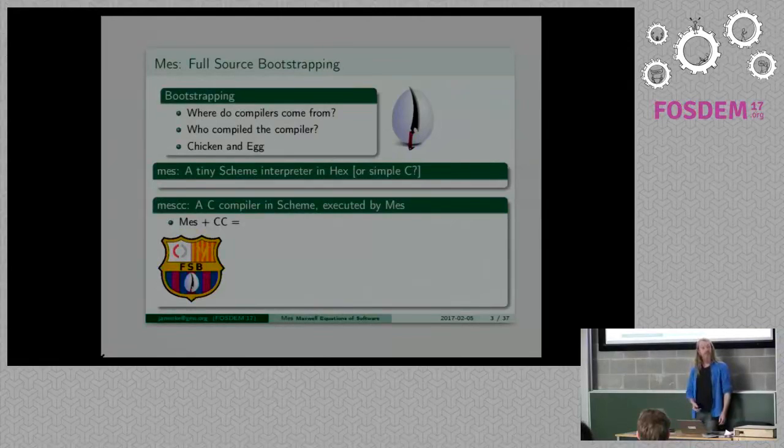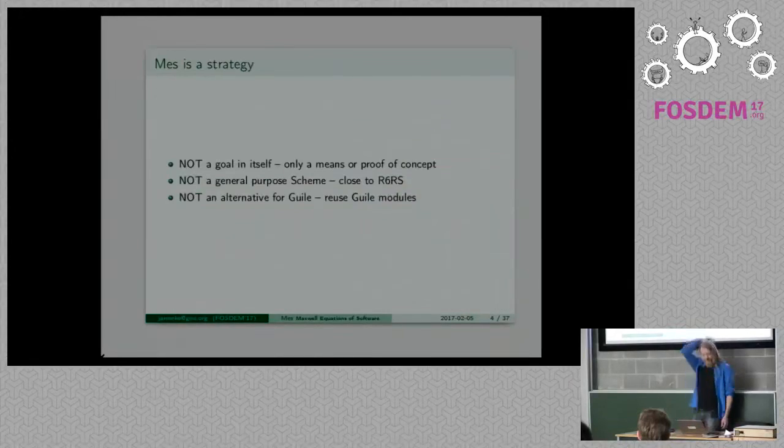In Scheme, I write a C compiler, and the C compiler then compiles GCC or maybe Guile, and that's another messy point. Maybe you have ideas. And when MES has a C compiler, then we have MESCC, which is the name of the C compiler.